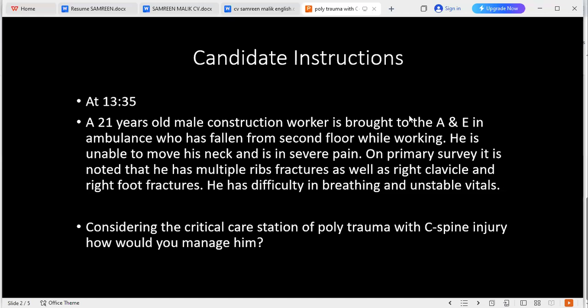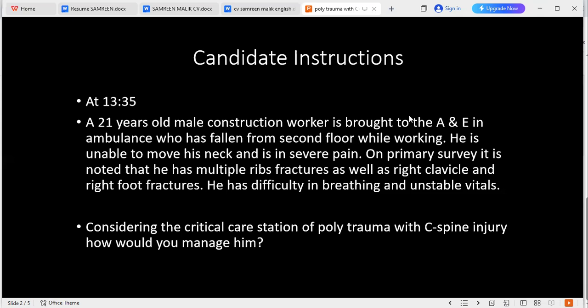I will give the patient a high flow oxygen mask, and if there is any obvious open wound in the chest, I will cover it with a three-side adhesive dressing.